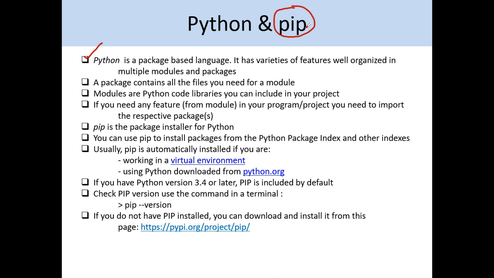So in our later classes, we will install a few more packages as per our need, then we will learn more about pip. But for today, just understand that pip is a command with which you can install a package into your Python directory, so that package can be used in your program.